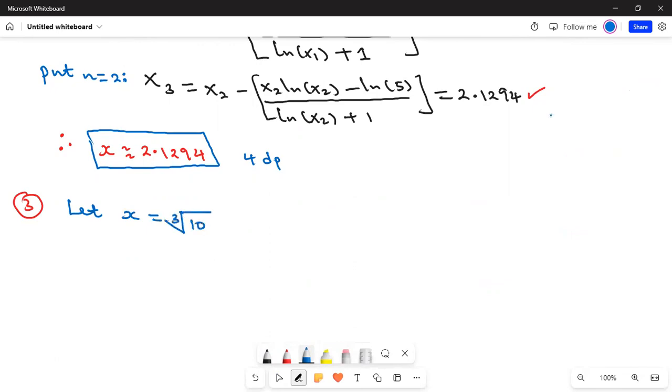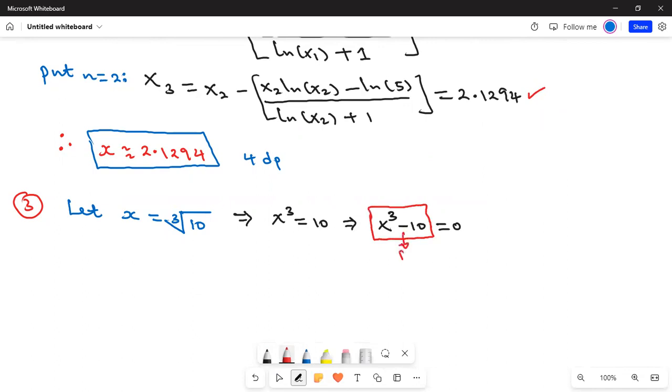If I cube both sides, what will I get? When you cube both sides, x cubed will be equal to 10. Or if I take everything to the left-hand side, I'm going to get x cubed minus 10 equals 0. So the left-hand side of this equation is our f of x.